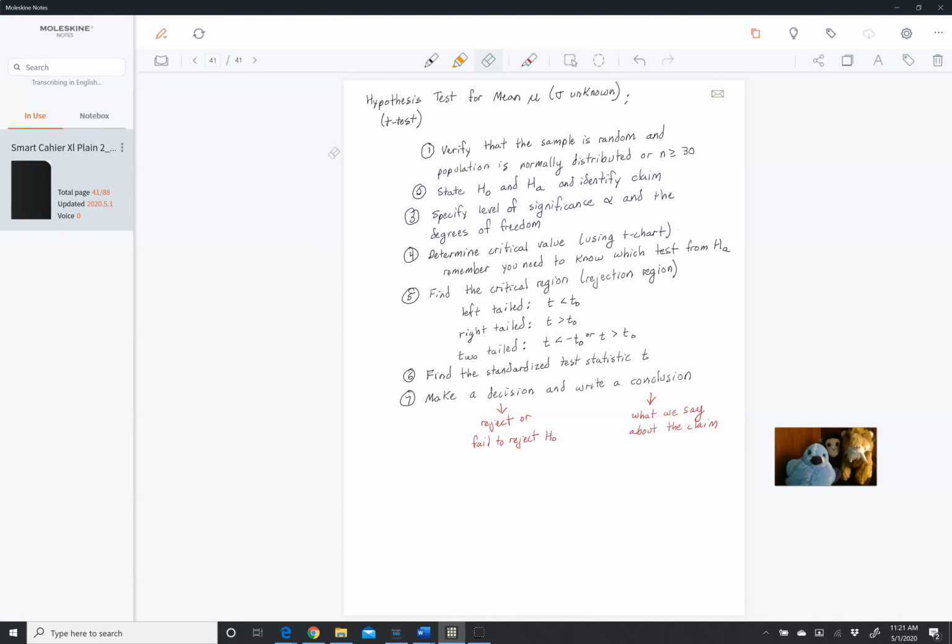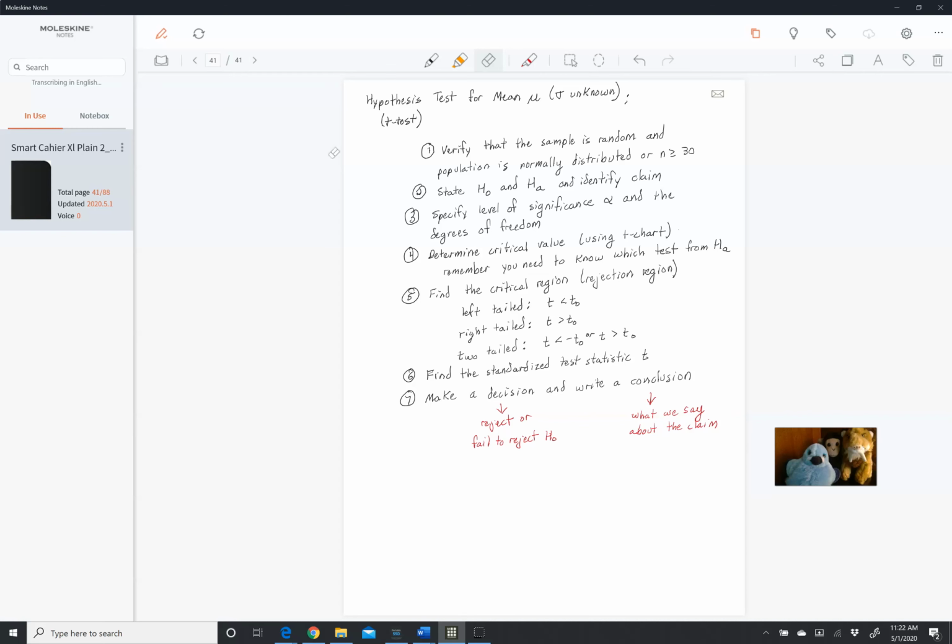Okay, so let's just put that chart in there one more time, just so that you have it to refer back to. Once again, I guess sometimes that's not so easy to remember.